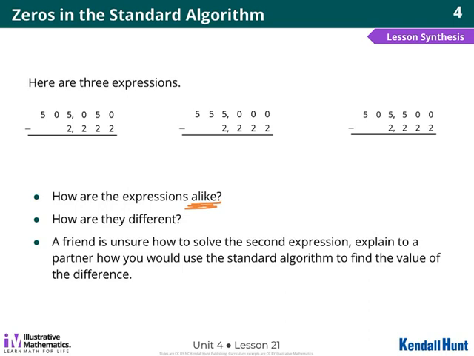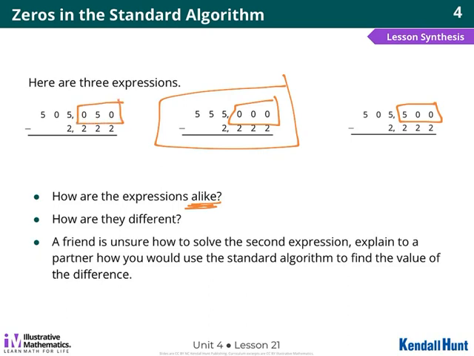Yes. How are they different? Vivian? The placing of the numbers are different. Yeah. The 5s and the 0s, right? Quinn? In the second problem, there's no 5. In the third problem, there's a 5 in the hundreds, and then in the first problem, it's in the tens.